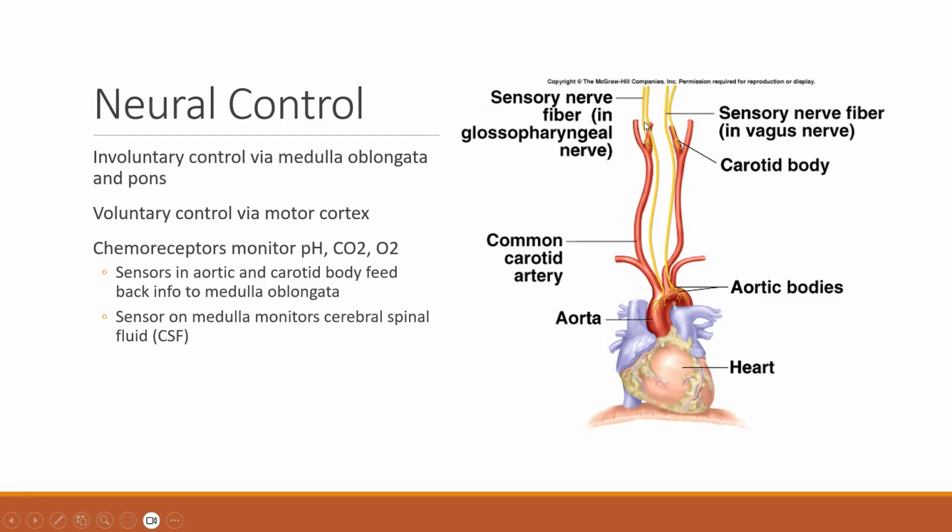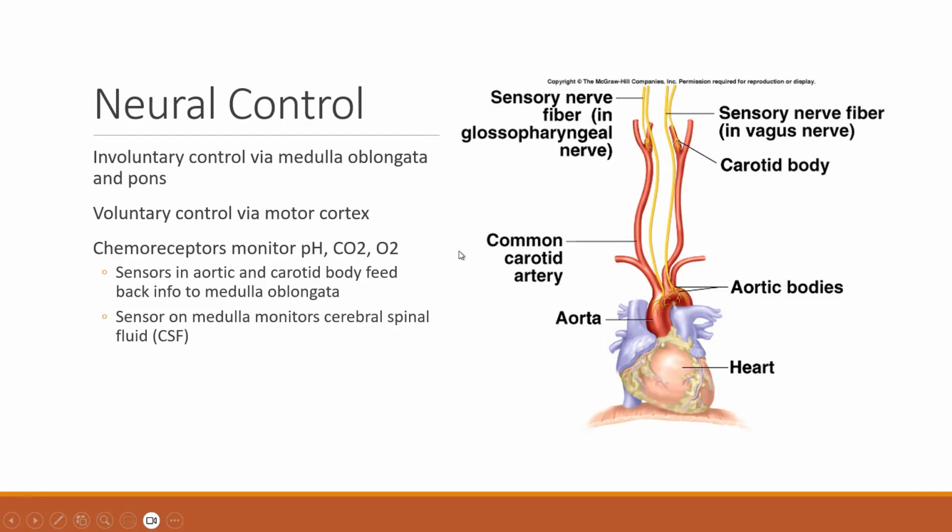So this senses whether your brain is actually going to be able to get enough oxygen, and whether the heart needs to increase in heart rate, or whether you need to increase your respiration to get more oxygen to the brain. So again, this is done through sensors in the aortic bodies and the carotid bodies. Or you might see on the exam the aorta and then the common carotid artery or something like that.